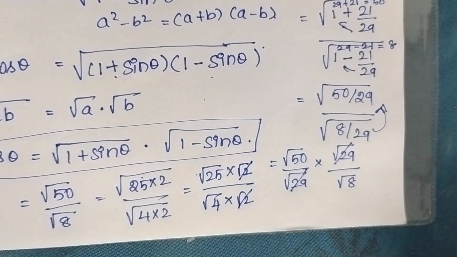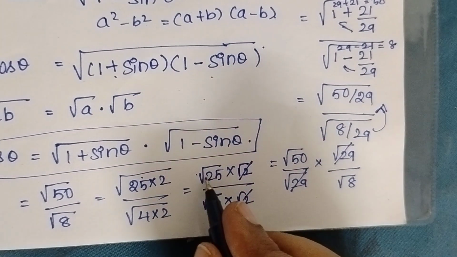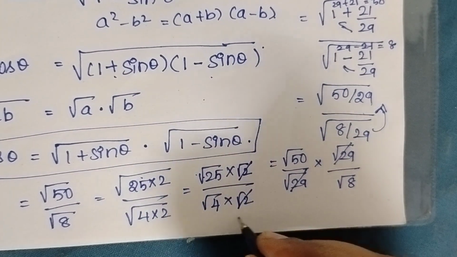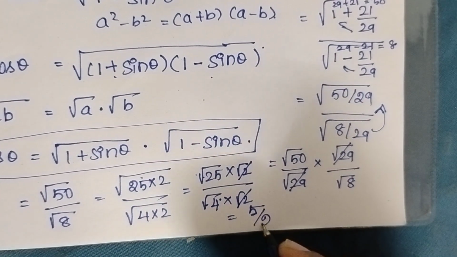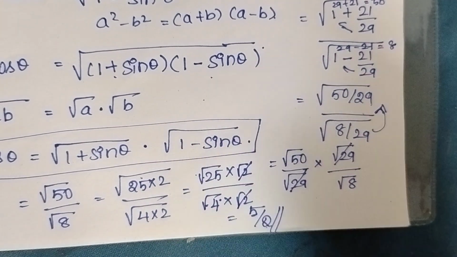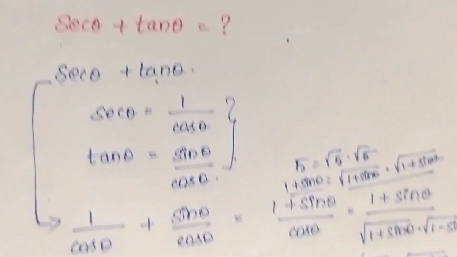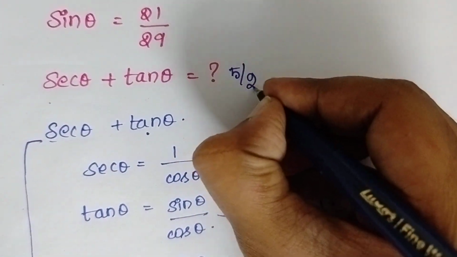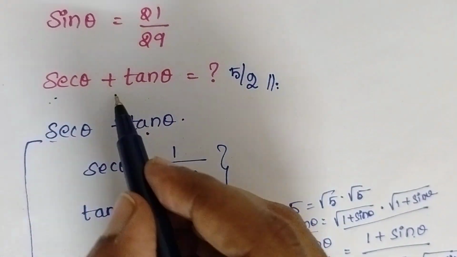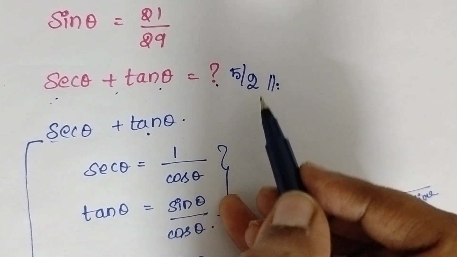This root 2 gets cancelled. Root 25 is equal to 5 and root 4 is equal to 2, so I get the answer as 5 by 2. Therefore, the answer for this question is 5 by 2. That's it: secant theta plus tan theta is equal to 5 by 2.